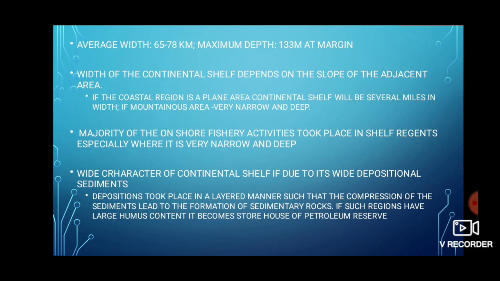The wide character of the continental shelf is due to its wide depositional sediments. This deposition takes place in a layered manner such that it leads to the compression of the lower sediments by the upper sediments. So what happens when more sedimentation takes place? It will lead to the compression of the lower sediments by the upper sediments, and this results in the formation of sedimentary rocks.